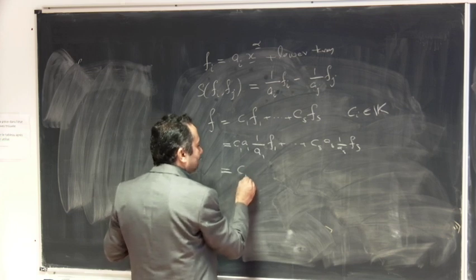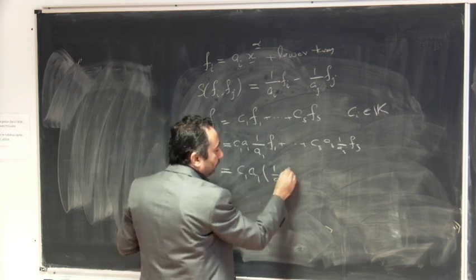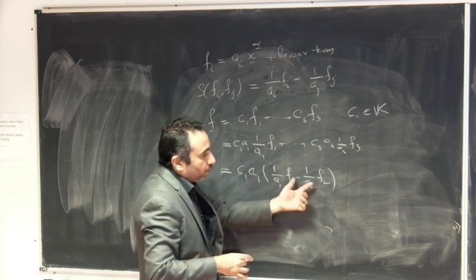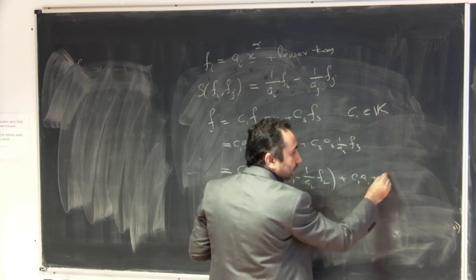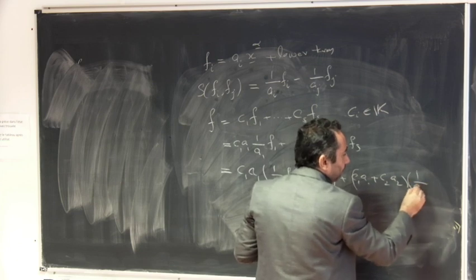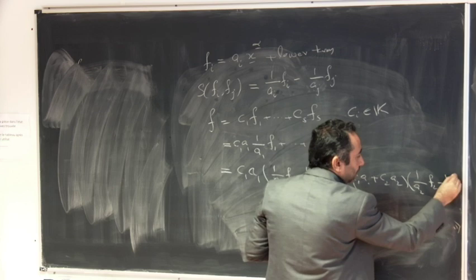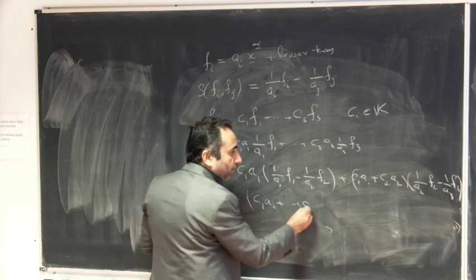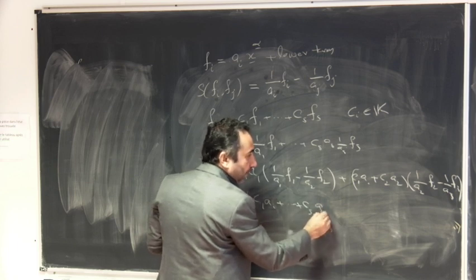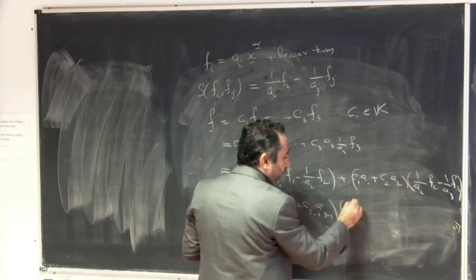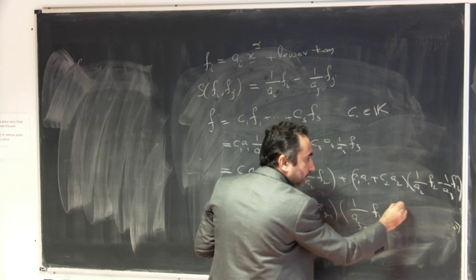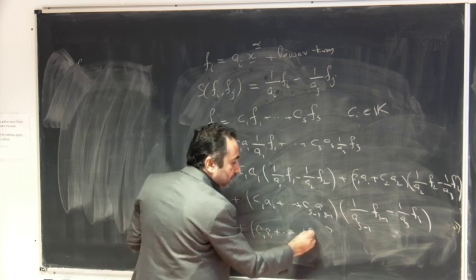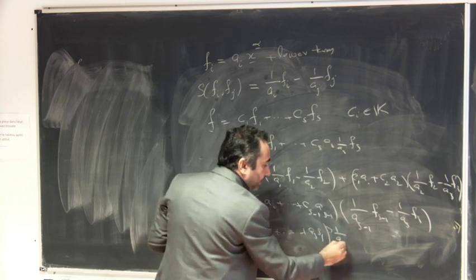So we add and subtract terms and we get C1 A1 times (1 over A1 F1 minus 1 over A2 F2), and we add the same C1 A1 to get plus (C1 A1 plus C2 A2) multiplied by (1 over A2 F2 minus 1 over A3 F3), and this process will continue, and in the end we have factors of the form C(s-1)A(s-1) plus so on, multiplied by (1 over A(s-1) F(s-1) minus 1 over As Fs), and finally plus (C1 A1 plus so on plus Cs As) multiplied by simply 1 over As Fs.